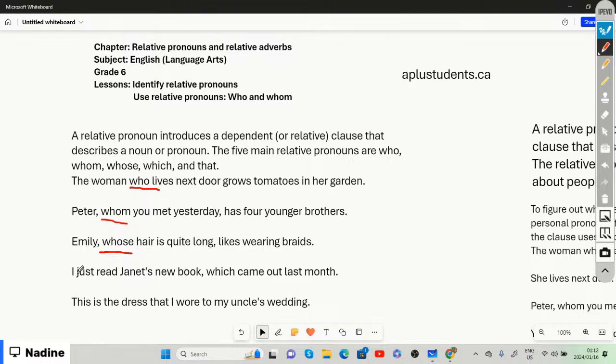And then it says, I just read Janet's new book, which came out last month. So this is the dress that I wore to my uncle's wedding.